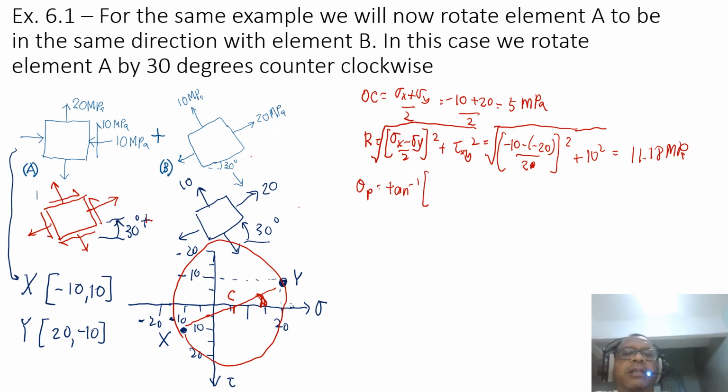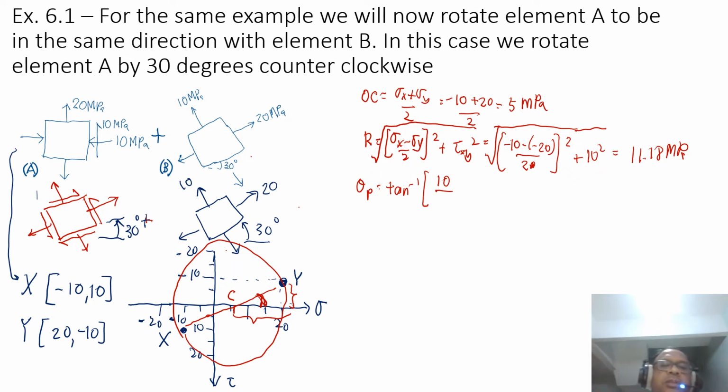The height here is given by the shear stress, which is 10 megapascal, so y over x, this is 10, and the x here is given by the difference, the halfway between, so it's also 15, I guess.